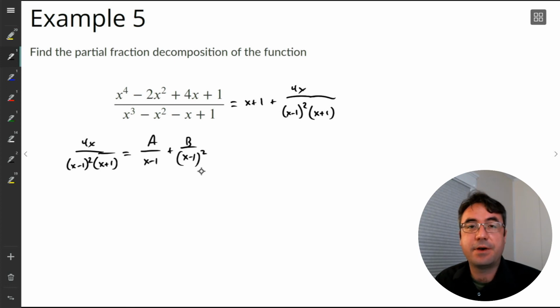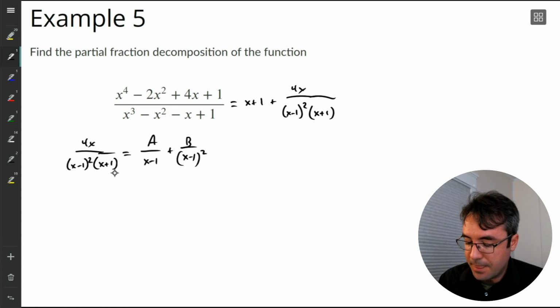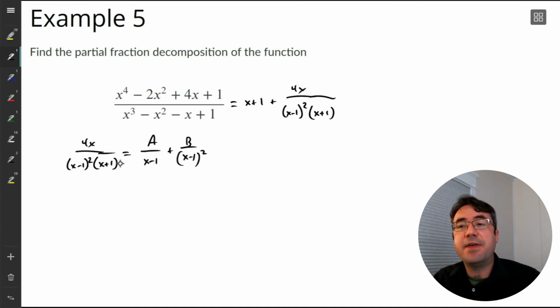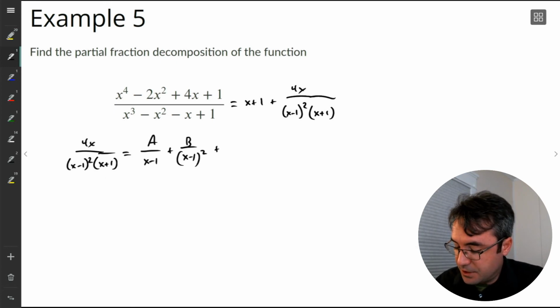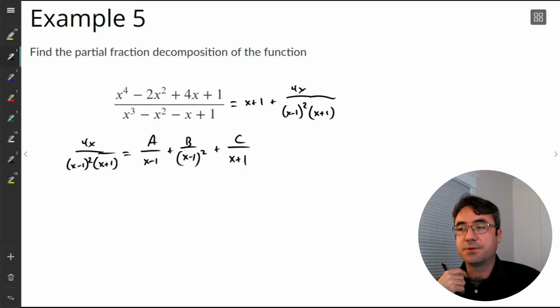So we'll have B over x minus 1 squared. If it was x minus 1 cubed, we would have a third fraction, plus C over x minus 1 cubed. But we don't, so we only have those two fractions. And then finally, we have this x plus 1, and that's just a linear term that's repeated once, so it gets its own fraction, C over x plus 1.